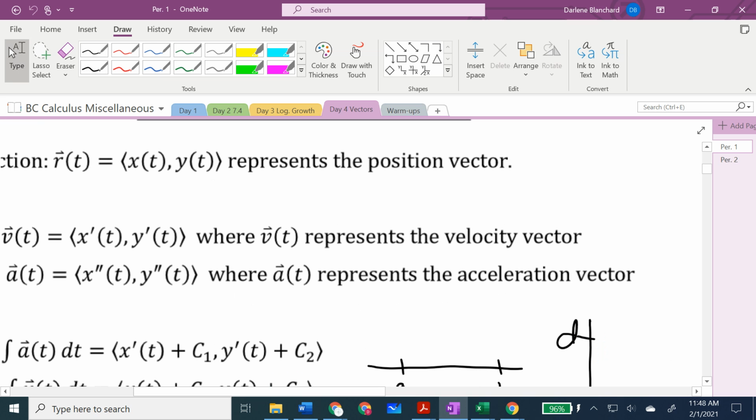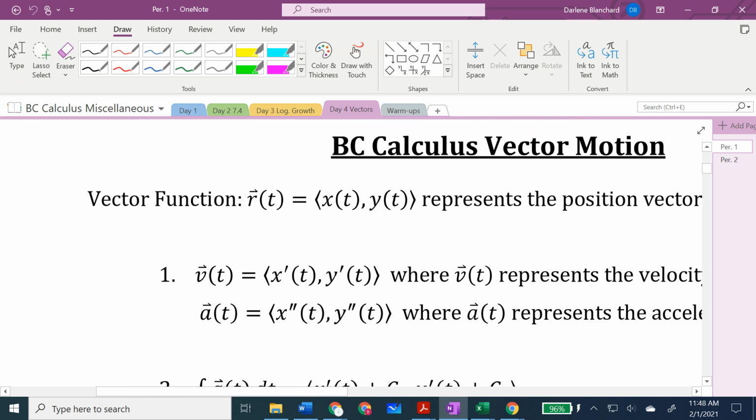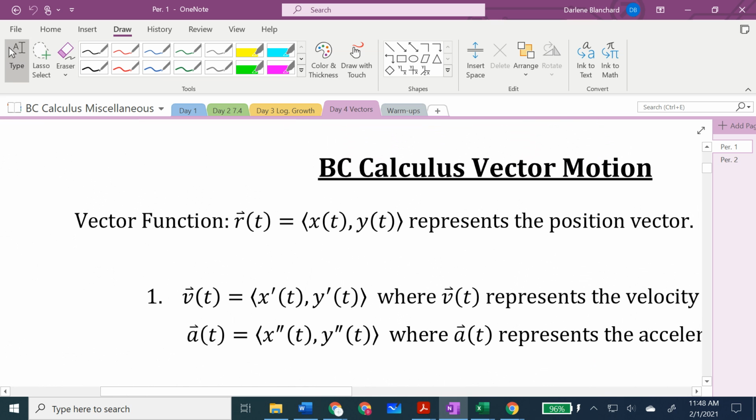So you are going to have, first of all, notation. When a vector is written, we put a half arrow above it, or we write it in bold print. A lot of textbooks will just use bold print instead of putting the half arrow above it. And what it's letting you know is that this isn't your basic function.